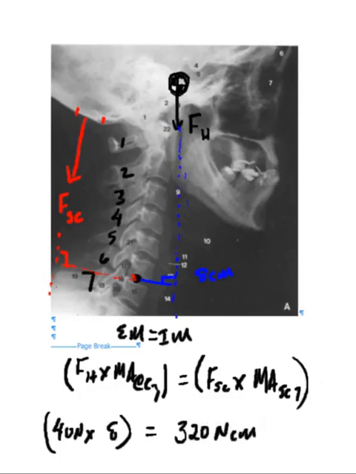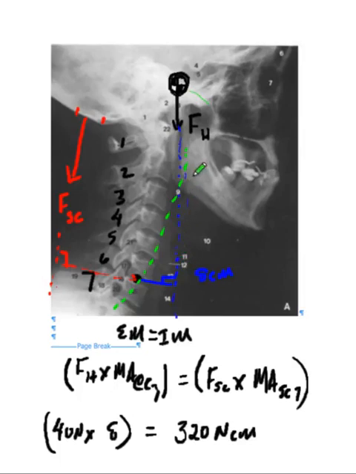Now, what we could think about is if somebody has a forward head position, meaning that the center of mass of their head is going to sit slightly forward and inferior, as if the person slouches a little bit. So the new cervical spine posture is slightly forward relative to the trunk.